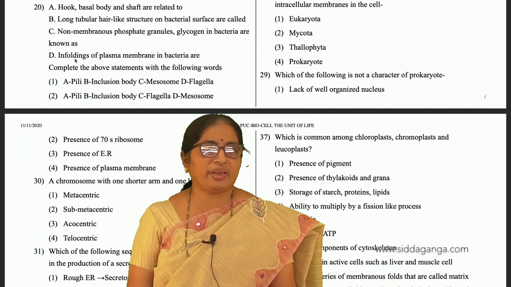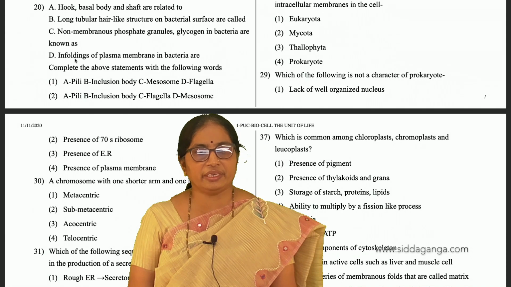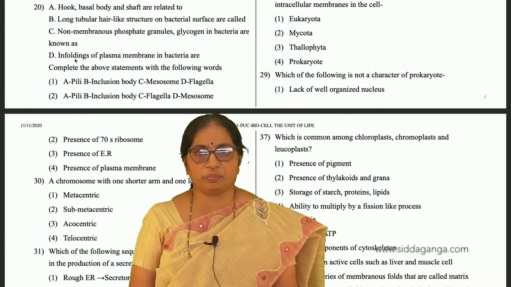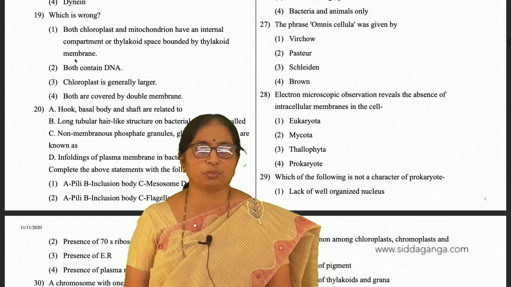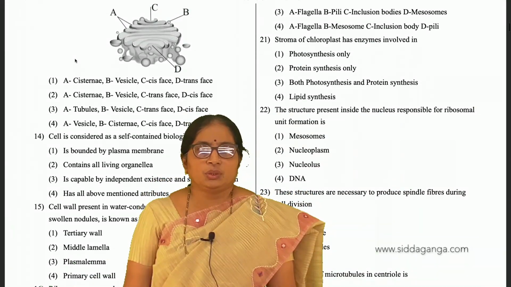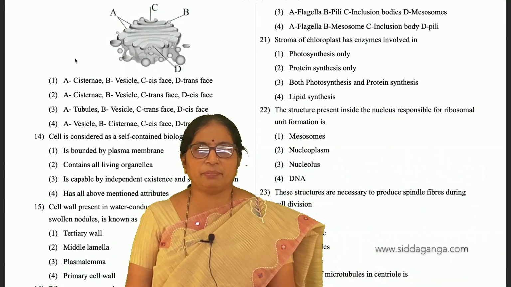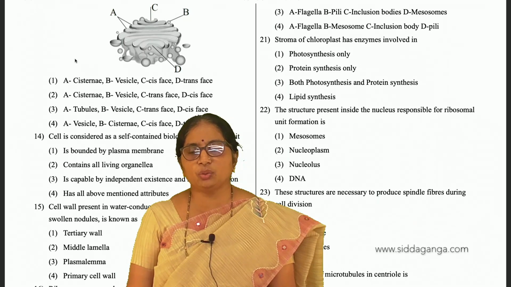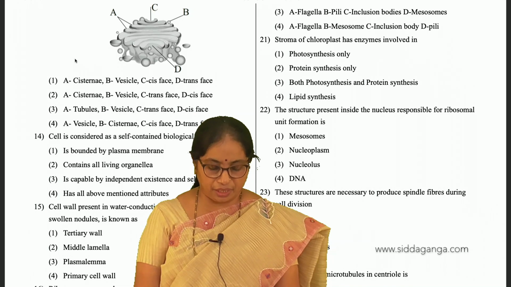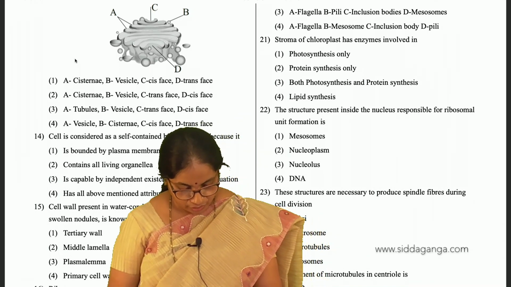So according to me, A is flagella, B is pili, 3 is inclusion body, and fourth is mesosome. Let us look into the third and fourth option. So A flagella, B pili, C inclusion bodies, D mesosomes. Option 3 is the right answer for this question. Next question.